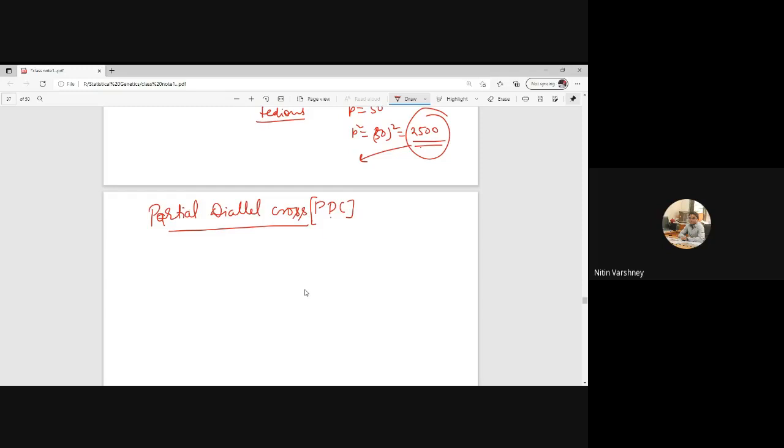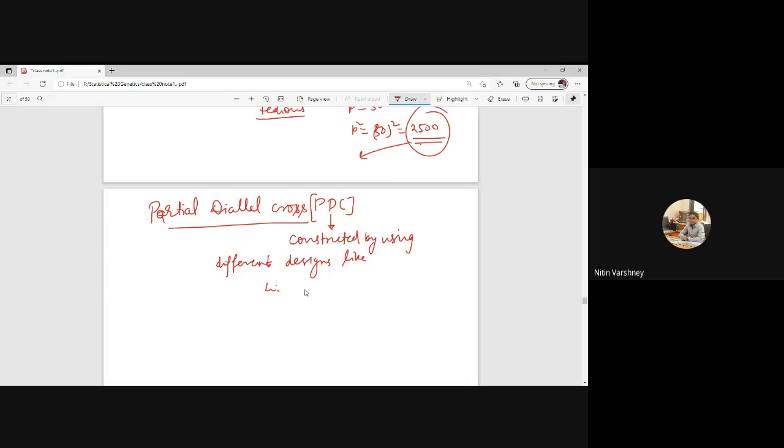And basically these partial diallel crosses are constructed by using different designs, like the Latin square design, then group divisible design, and factorial design is also there.